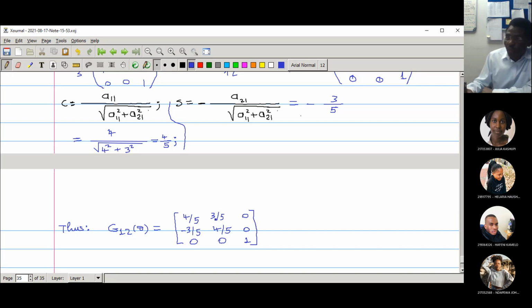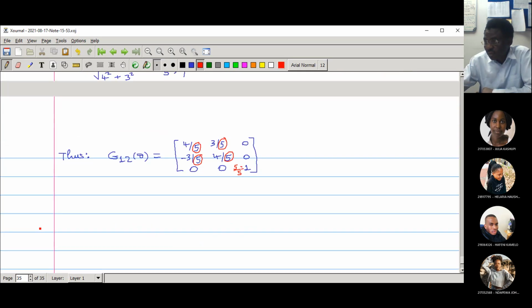Now you see that here we have the same denominator, which is 5. You have 5 here, 5 there, 5 here, and 5 here. So this one can be written as 5 by 5. Now, if we factor by 1 by 5, what do we have?